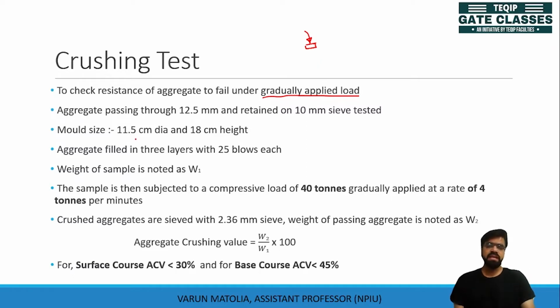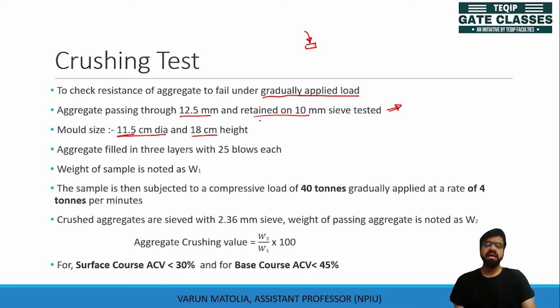A mold of size 11.5 centimeter dia and 18 centimeter height is taken. The aggregate which are used for testing is passed through 12.5 mm and retained on 10 mm sieve.